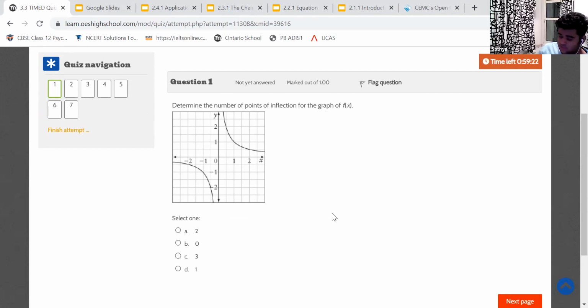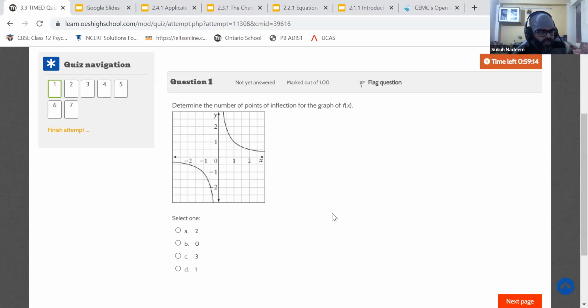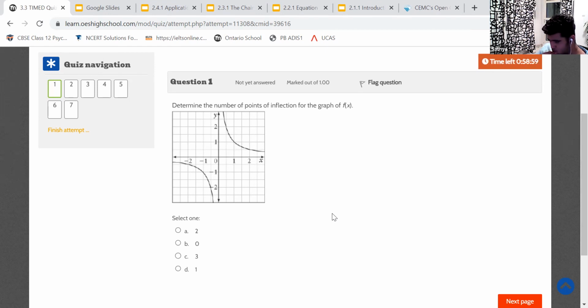But it should be touching, shouldn't it? But still that is a point of inflection, because the function is not defined, but the graph is changing its nature. So x equal to 0 is the point, so the number of points is 1.